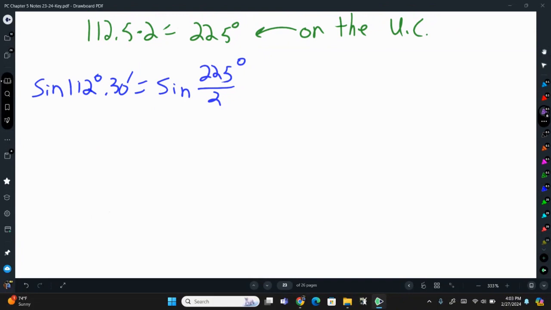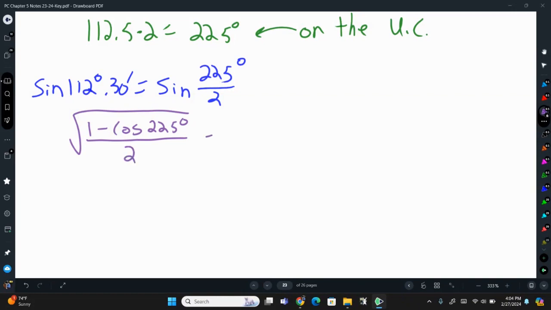So then when we write the sine half angle formula, it's the square root of 1 minus the cosine of theta, which is 225 degrees. Theta is not the angle that we are trying to find the sine of. Theta is the angle that we're using to help us find the sine of 112.5 degrees.